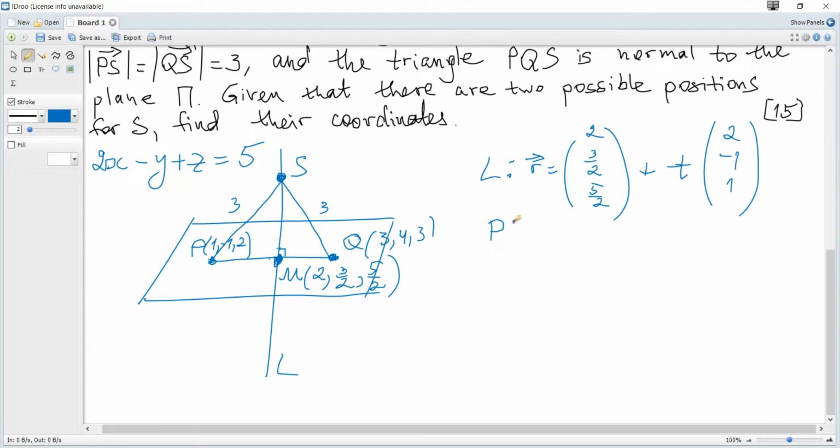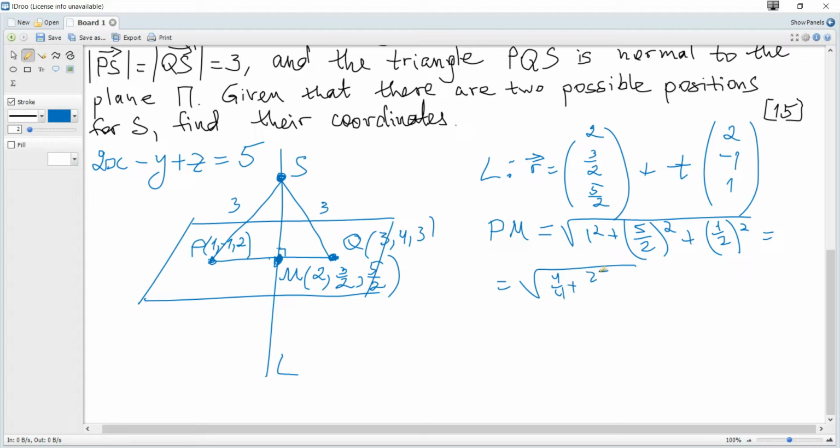So PM distance, using the formula for the distance between 2 points, becomes 2 minus 1, 1 squared, plus 3 over 2 minus 1, it's plus 1, it's plus 2 over 2, so it's 5 over 2 squared, plus 5 over 2, which is 2.5 minus 2, it's half squared, and it becomes 4 over 4 plus 25 over 4 plus 1 over 4, and it's 30 over 4 or root 30 over 2.